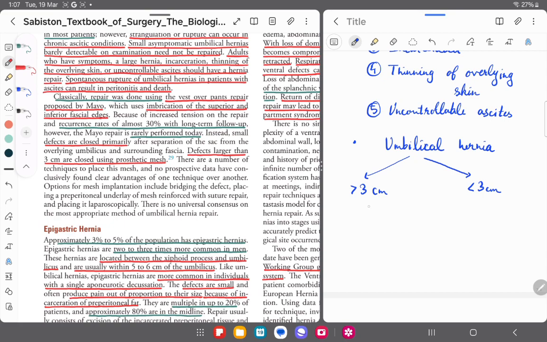If the umbilical hernia is more than 3 cm, we use a prosthetic mesh. That means we will perform a hernioplasty. And if the defect size is less than 3 cm, we will close it primarily. That means we have to perform herniotomy or herniorrhaphy.